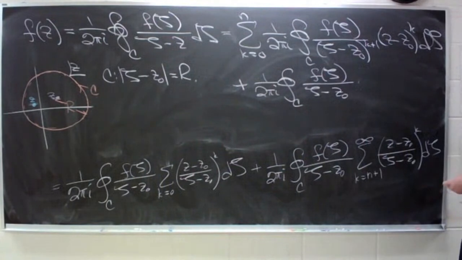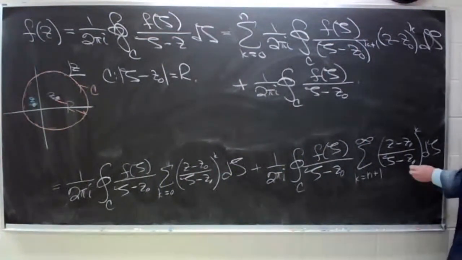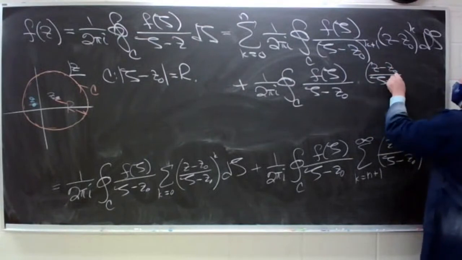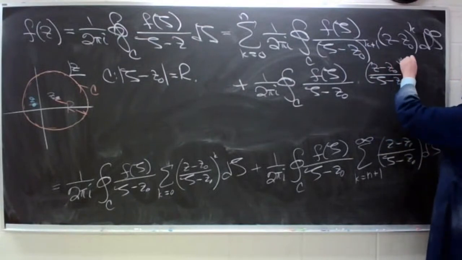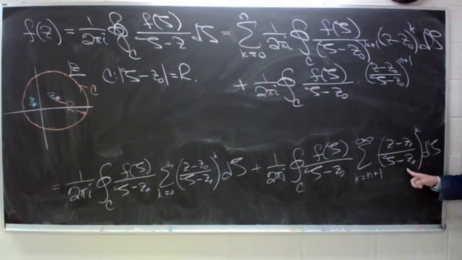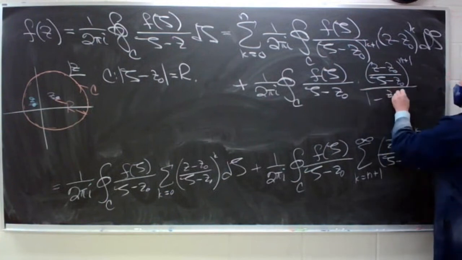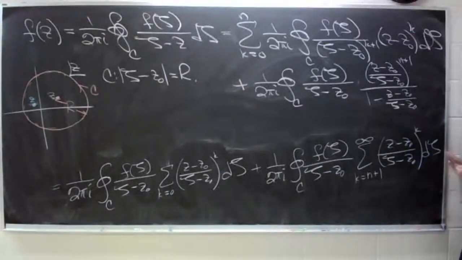All right, first term, that's z minus z naught divided by zeta minus z naught to the n plus 1. Divided by 1 minus ratio, d zeta.